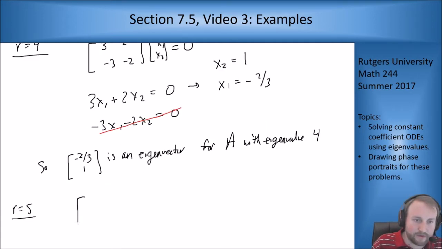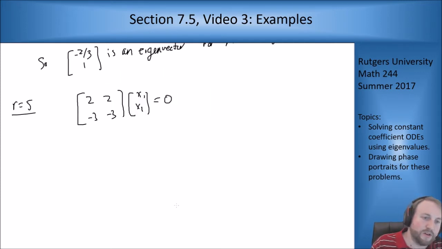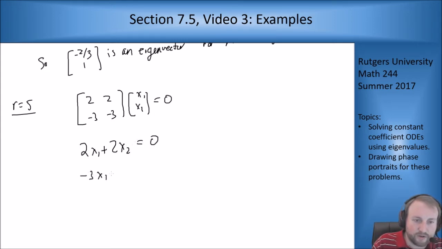If I do the same matrix thing, I will see [2, 2; -3, -3] times (x1, x2) equals 0, which gives me the two equations 2x1 plus 2x2 equals 0, minus 3x1 minus 3x2 equals 0, and yet again, redundant as it should be.